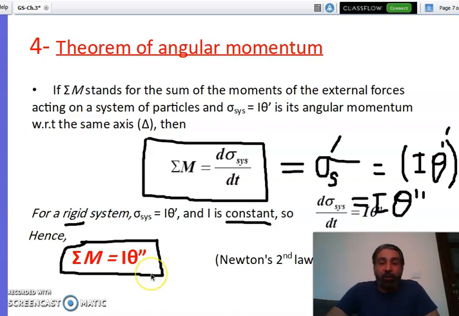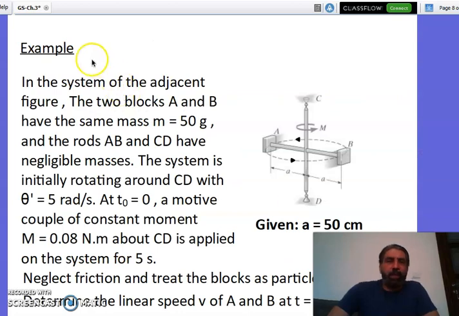Okay, let's do an application on this rule, as we did in the previous one. In this example, we have this rigid system that consists of two blocks, A and B, having the same mass, m equal 50 gram. The rods AB and CD have negligible mass. The system is initially rotating around CD with an angular speed theta prime equal 5 radian per second.